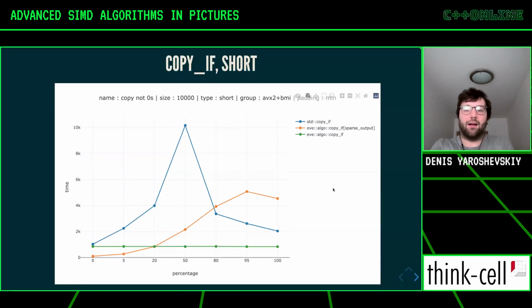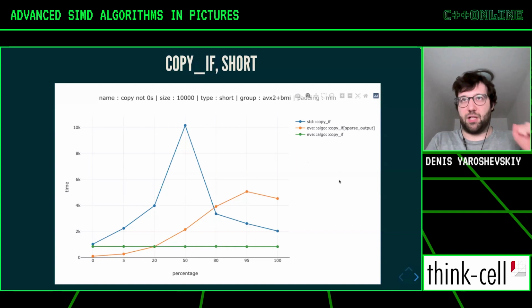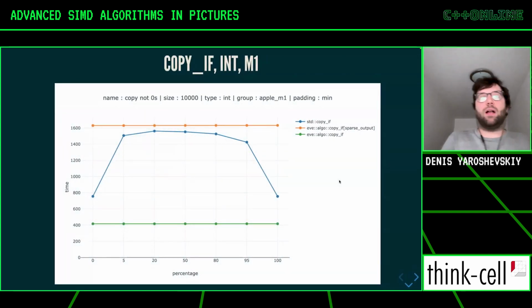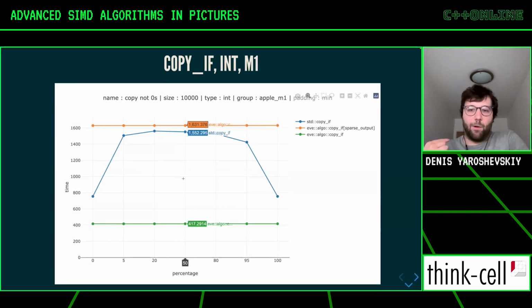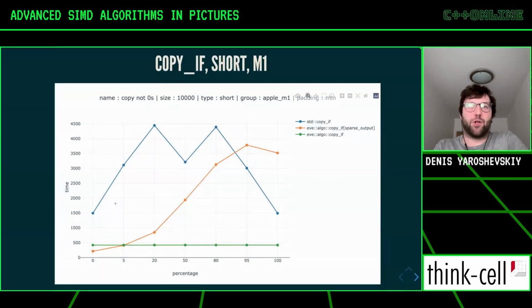So just to be clear, this code is a drop-in replacement for standard copy if for integers or some cases, and you can get whatever 10x speedup if you like. SIMD is a very powerful technology that's clearly underutilized. This is M1. So on M1, the sparse algorithm didn't really perform well, but here you can see there's a 4 times difference. And I just really like that for shorts, M1 draws an M. I think it's cute.